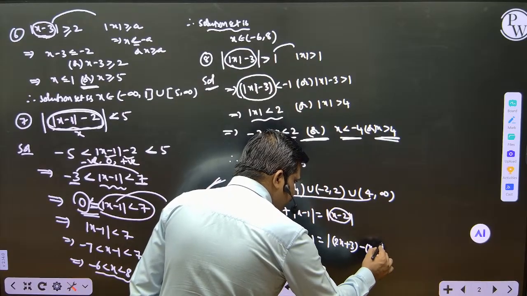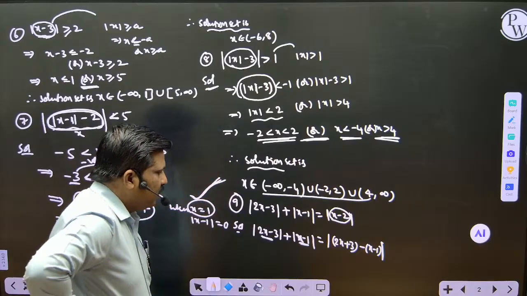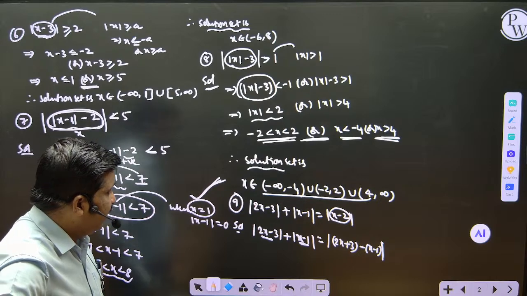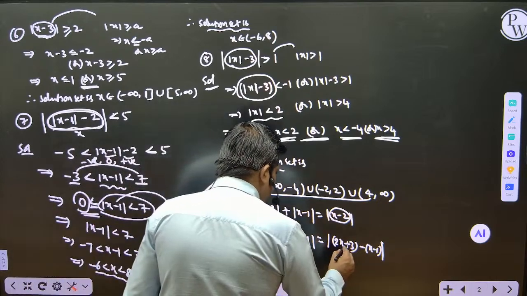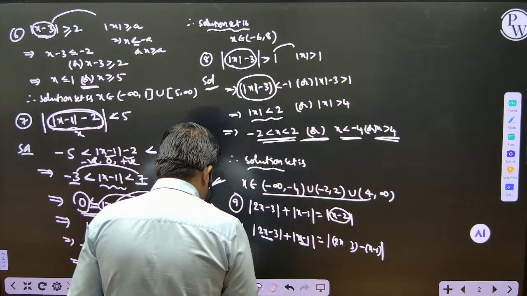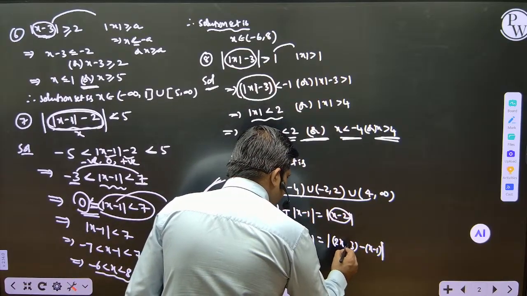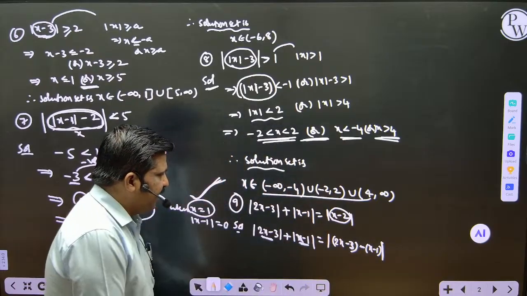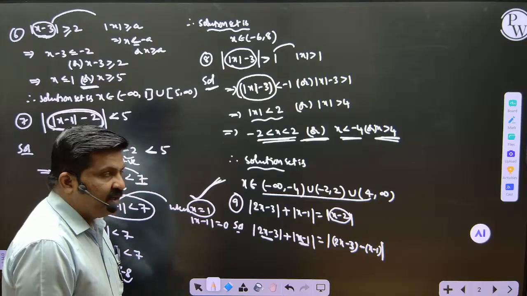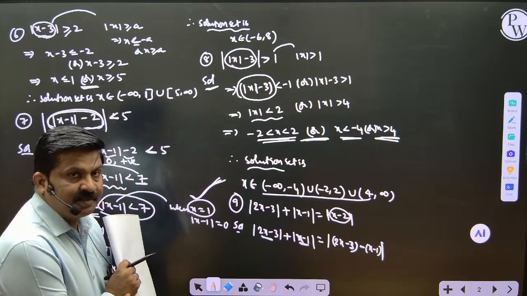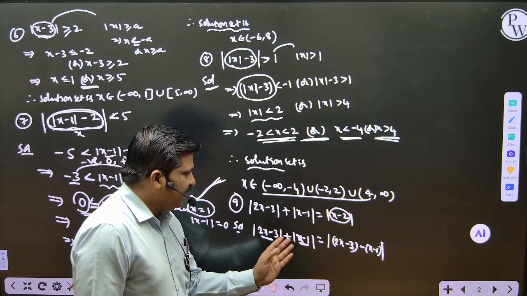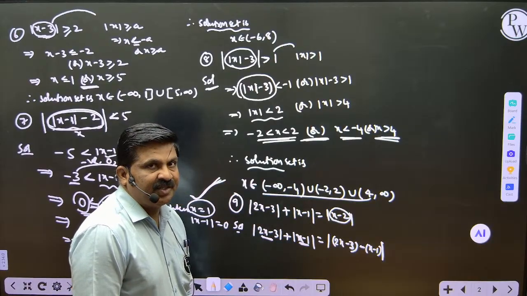Then 2x minus x is x, minus 3 plus 1 is minus 2.